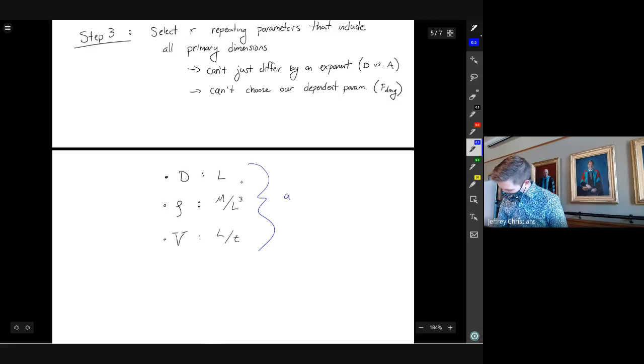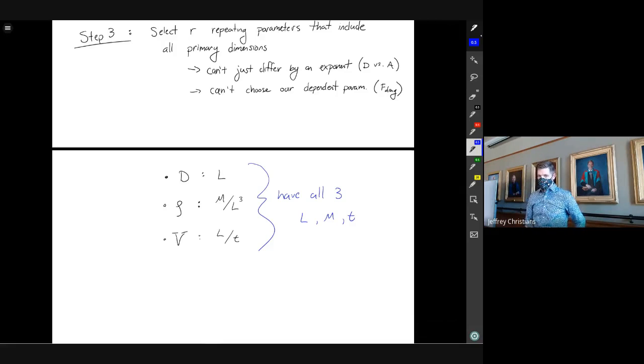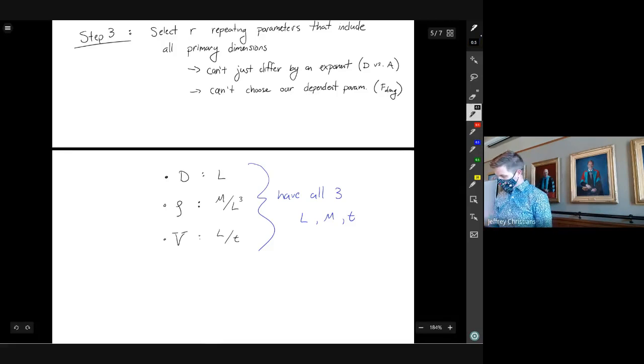So we have all 3 of those represented, mass, length, and time, between the 3 of them. There's no added bonus points for choosing one that by itself has all 3, like viscosity. You just have to get all 3 covered with the ones that you choose.